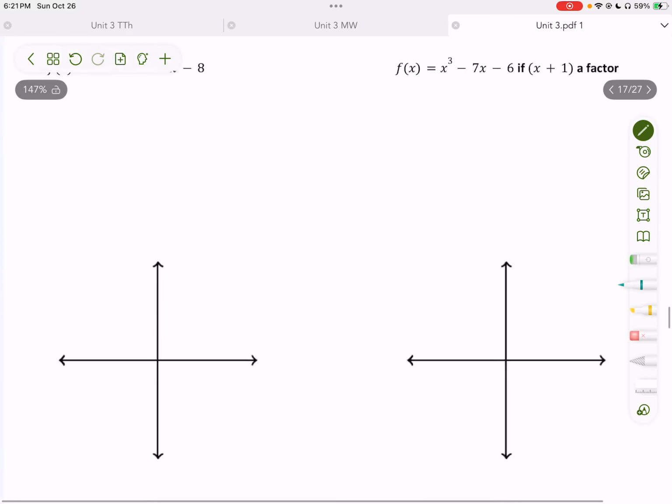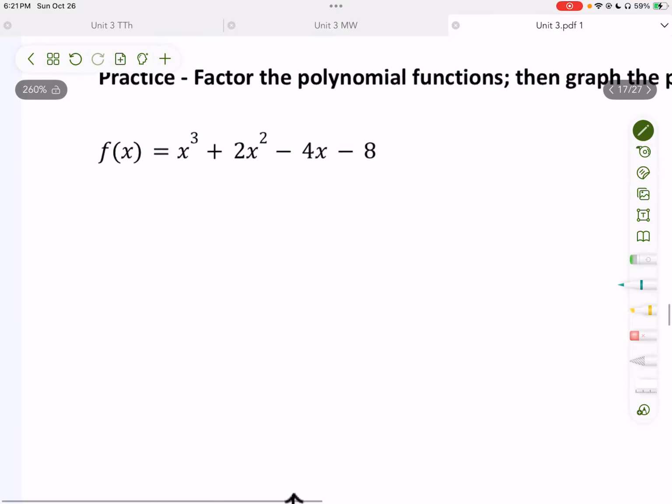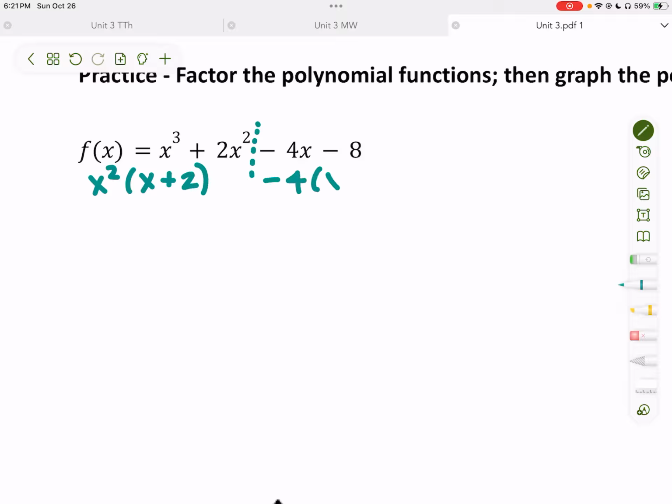We'll factor and then draw a little sketch. I noticed that this one is factorable by grouping, so I'll go ahead and start there. I will take out a 4 on the other side. I have x squared minus 4, x plus 2.